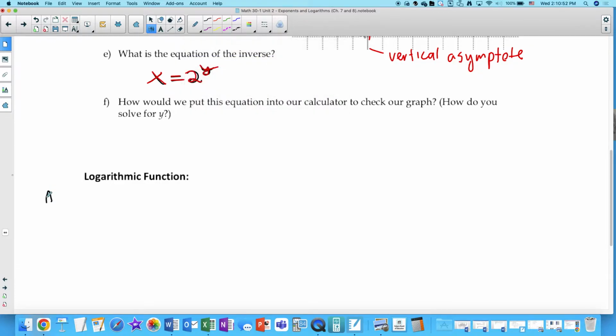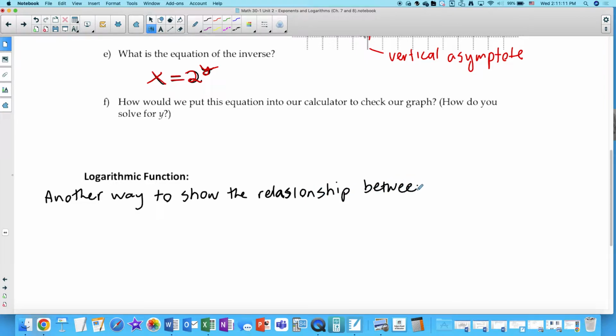Okay, so this is another way to show the relationship between a power. A power is made up of 2 parts, base and exponent, and its value. So what I mean by its value, if you have 5 squared, the value is 25.